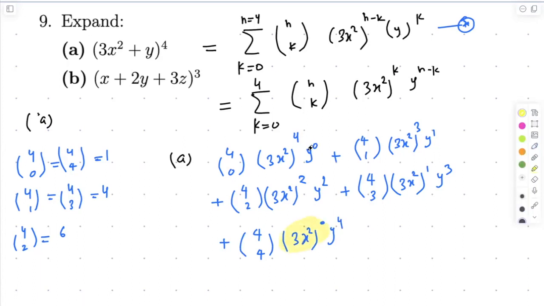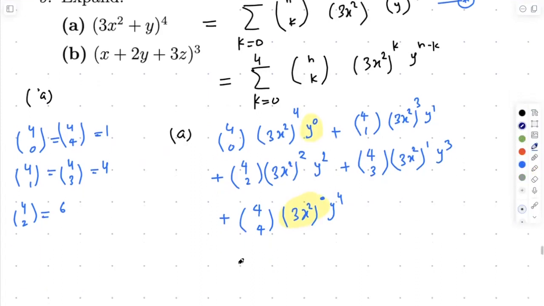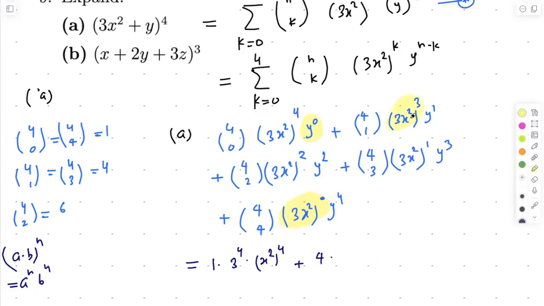So this term is 1, this term is 1. And rest of the terms, we already have the values for them. 4c0 is 1. Always remember, whenever ab whole power n is there, it is the same thing like a power n, b power n. So for the first case, it is 3 power 4, x square power 4. Y power 0 is 1, so I'm not writing there. 4c1 is 4. Then how to deal with this 3x square?